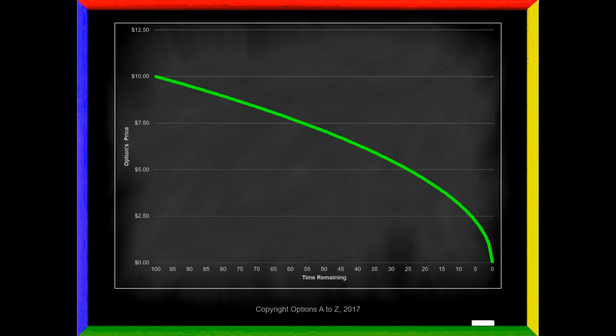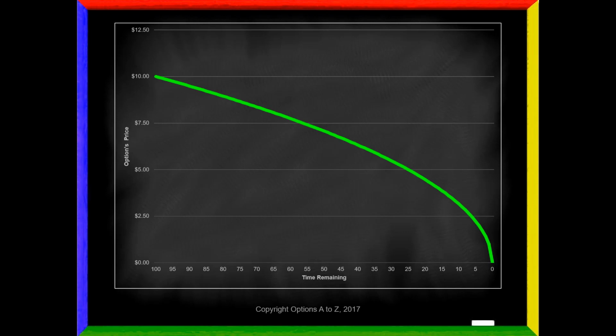So take a look down here, 50 days till expiration, and the option's trading for about 7.07, or about 71% of its value. But I could also flip the equation and say, at what point in time will my option's price be cut in half? So in this case, if I want to know where my option's price will be cut in half, that's 0.5, and I will square it, and that's going to give me 0.25.